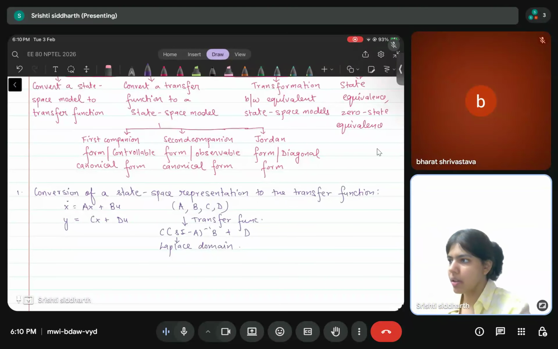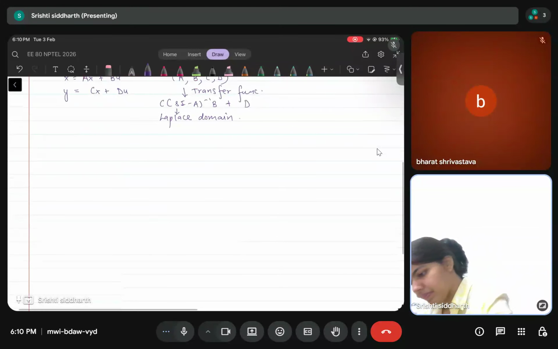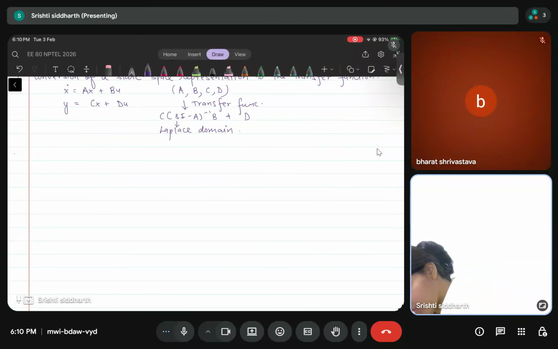Alright, let's look at an example of a second order system. Derive the transfer function G of s for the following state space models.